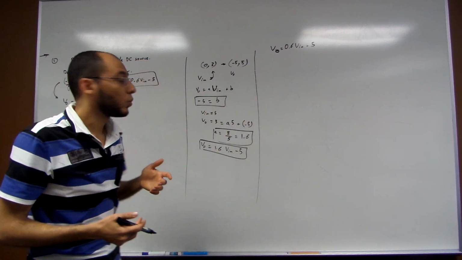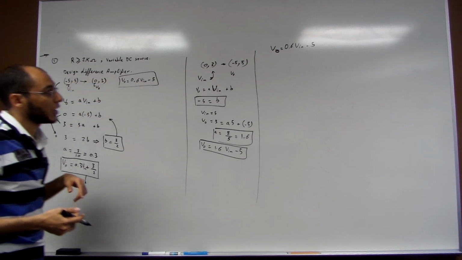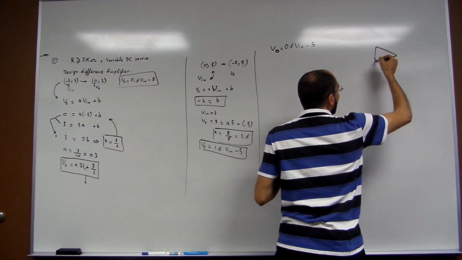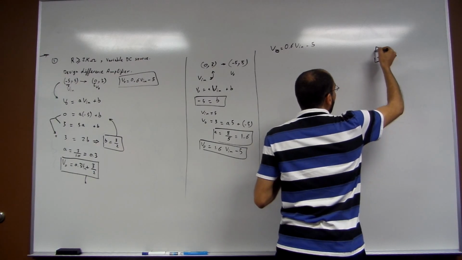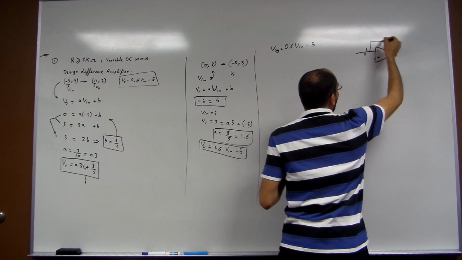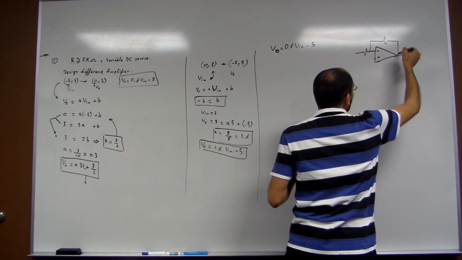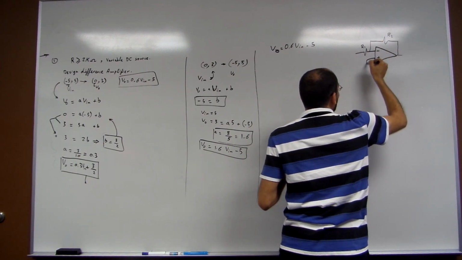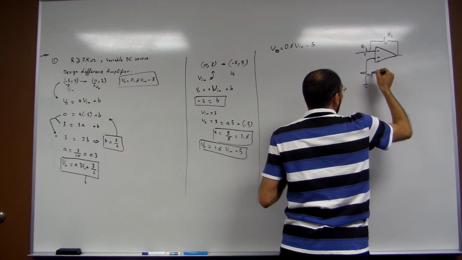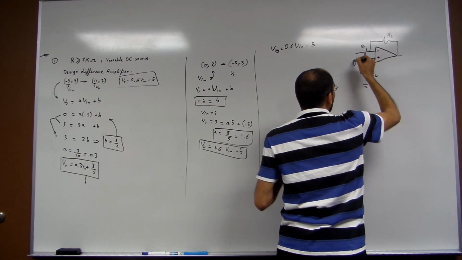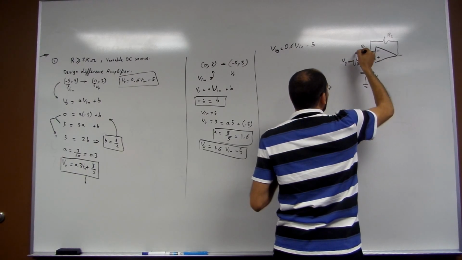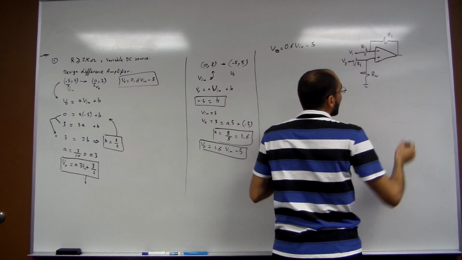Let's first see what a difference amplifier is. A difference amplifier is an amplifier that has two inputs and four resistors: R2, R1, R4, R3. This is V2 and this is V1.